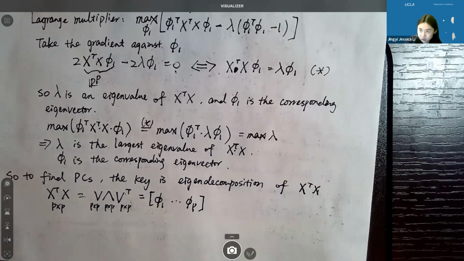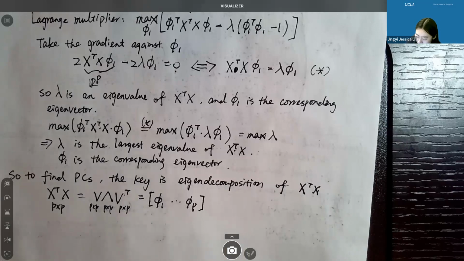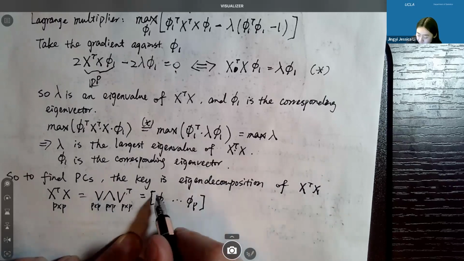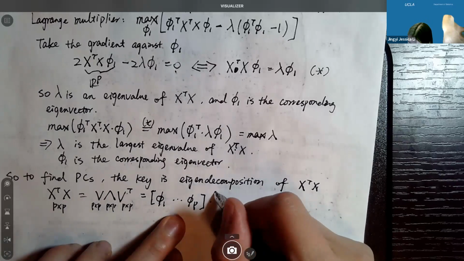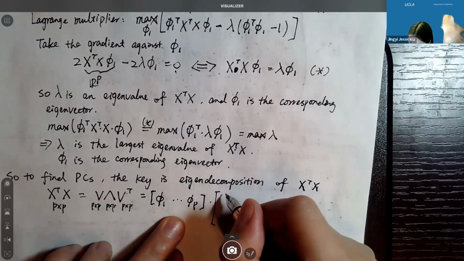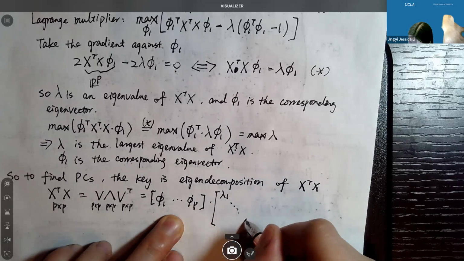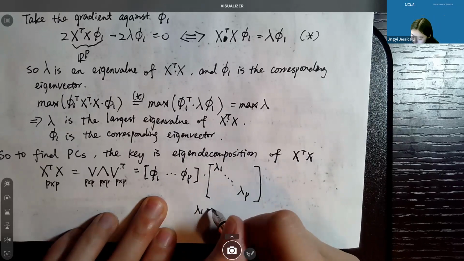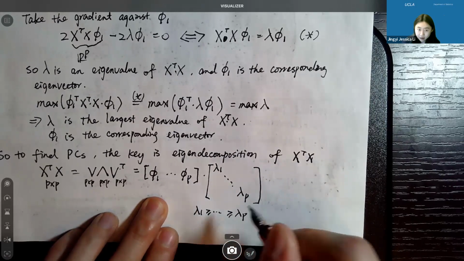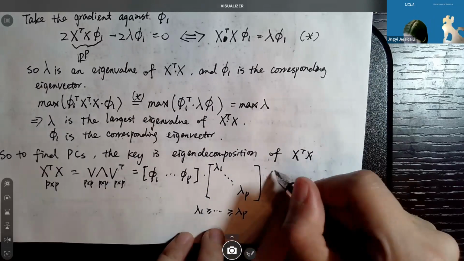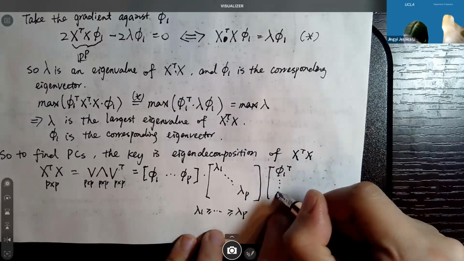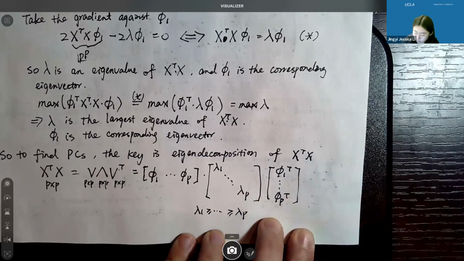If we don't do reduction, we just do a rotation and extraction, so we get new P dimensions. I'm lining them up column by column, times a lambda matrix, lambda 1 to lambda p, sorted in decreasing order. Finally, the transpose of that, phi 1 transpose and so on.